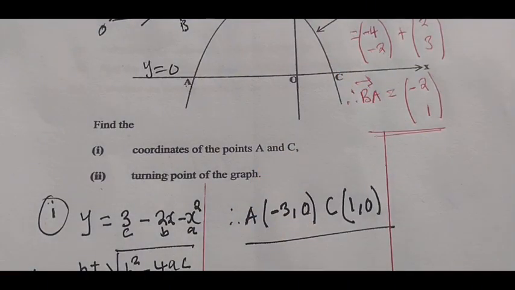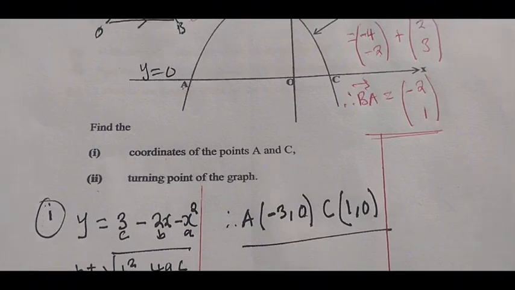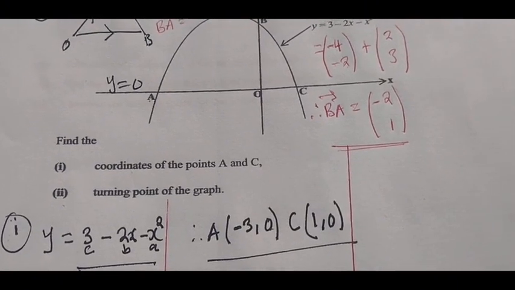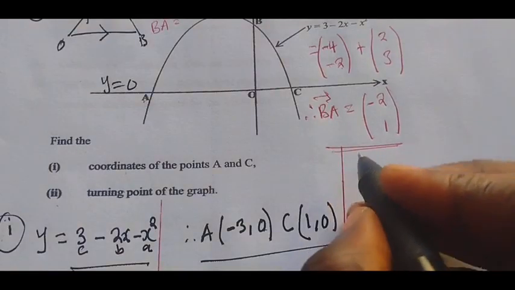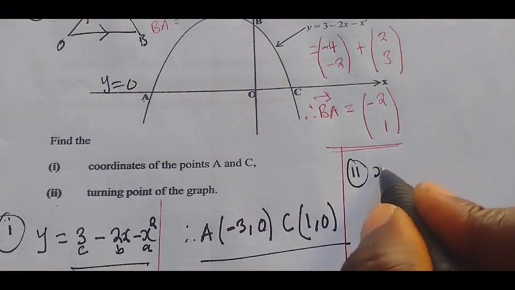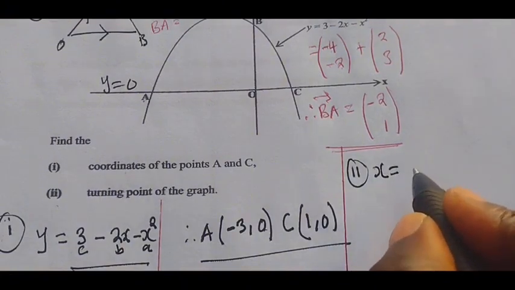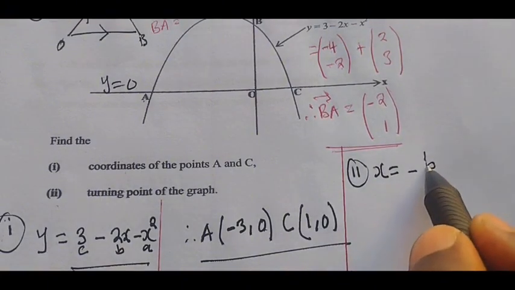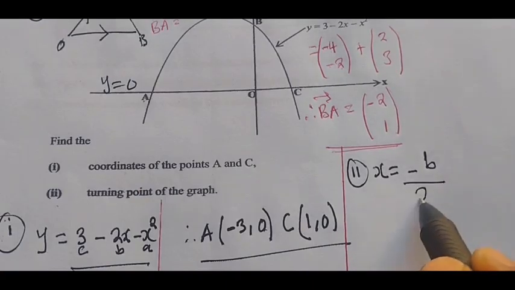Okay, so to find the turning point of the graph, we can just use a very simple formula. This simple formula, we have one for the x coordinate and one for the y coordinate. So for the x coordinate, we can use this formula where we say x is equal to negative b over 2a.